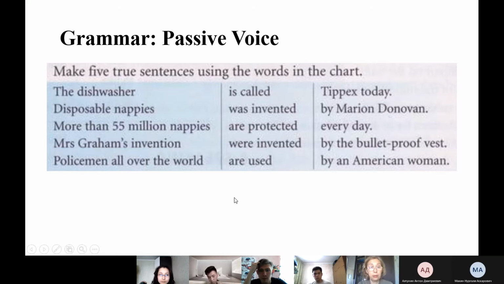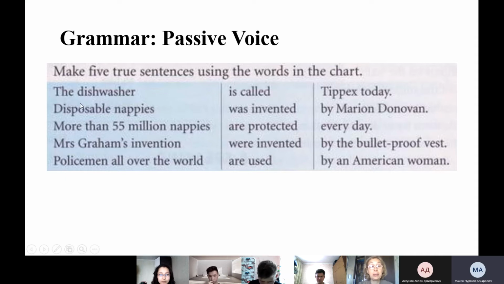So, Rodion, make the sentence about disposable nappies, please. Disposable nappies were invented. No, disposable nappies are used every day. Are used every day. Okay. So, Nurgali? More than 55 million nappies are used every day.